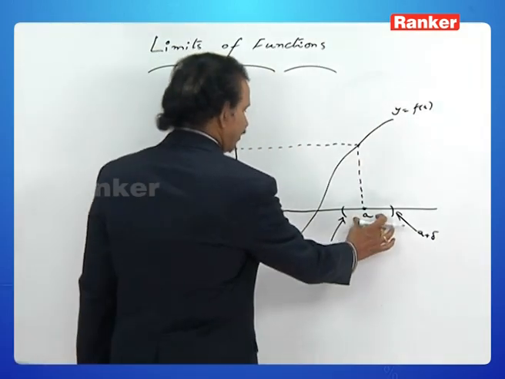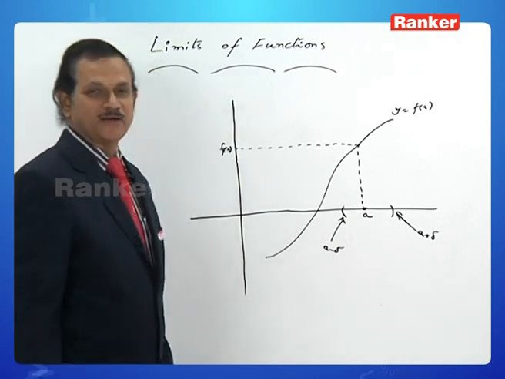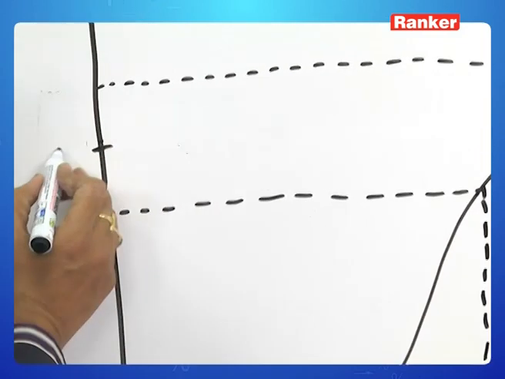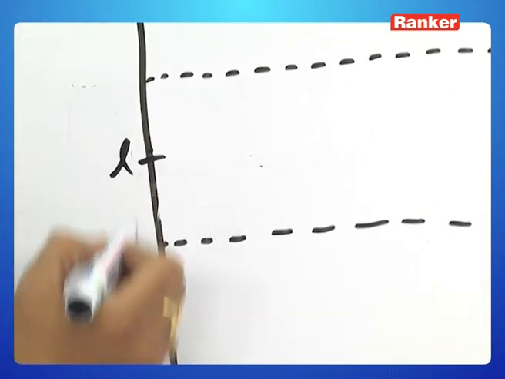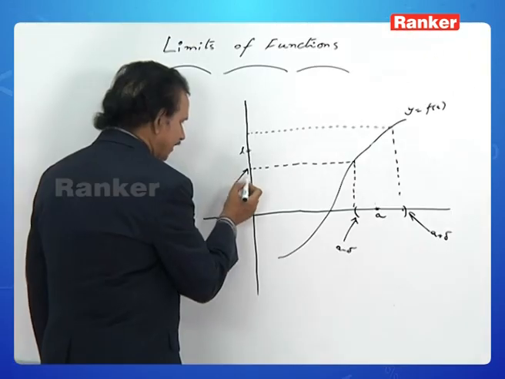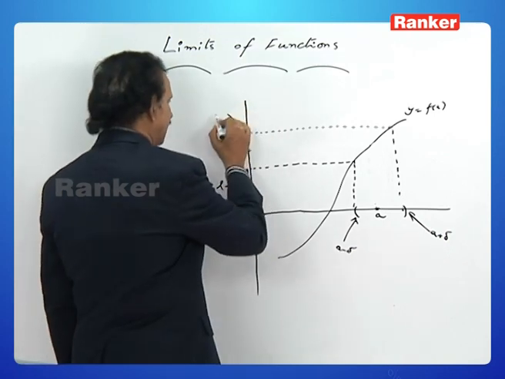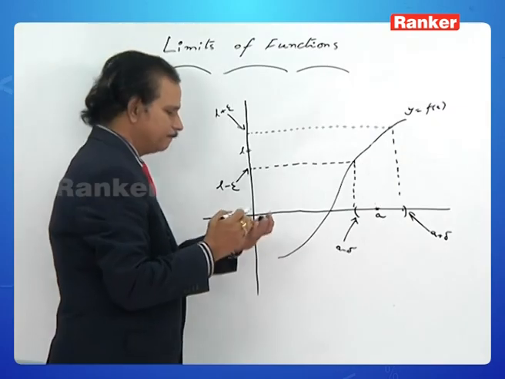So this is the neighborhood around a, that is nothing but the open interval a minus delta to a plus delta. Let this be a real number, say L. Let me call this L minus epsilon, and let me call this L plus epsilon.